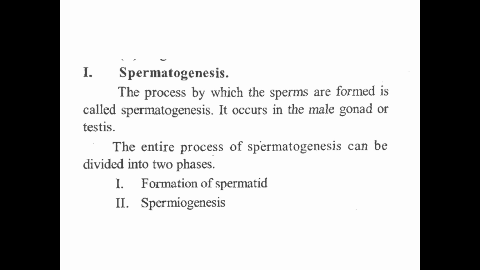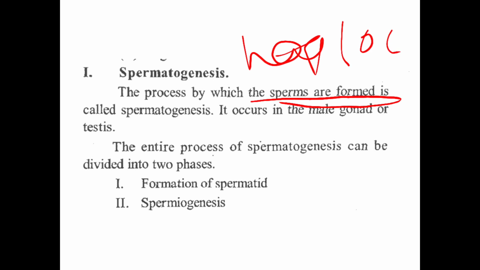Similarly to gametogenesis, the process by which haploid sperms are formed from the diploid germ cell of the testis, that is, sperms having n number of chromosomes, is known as spermatogenesis.